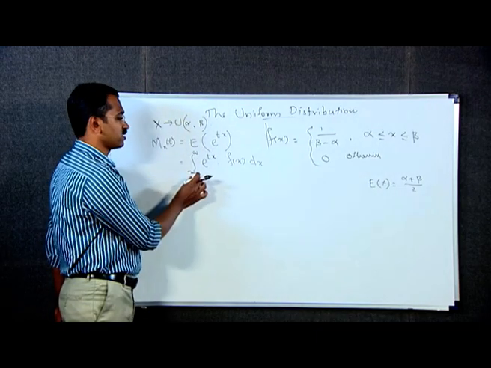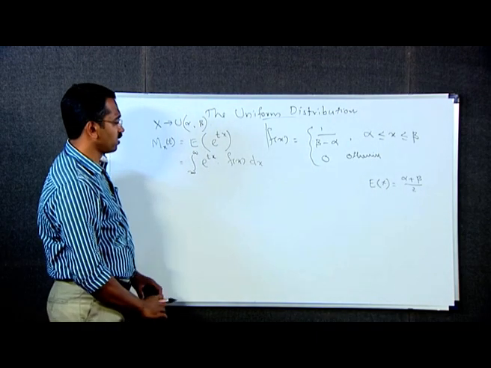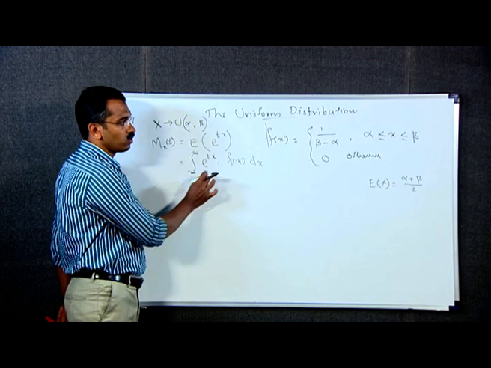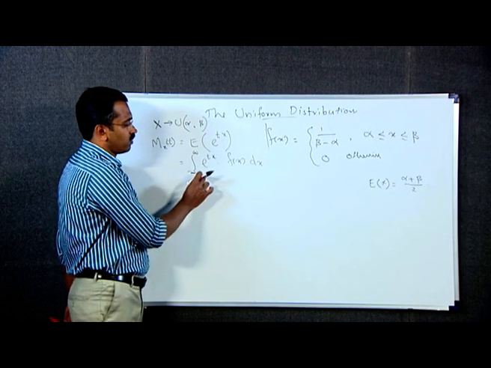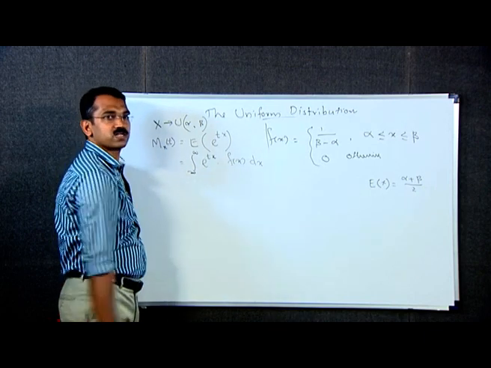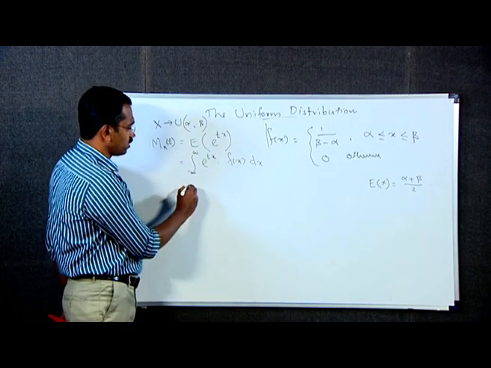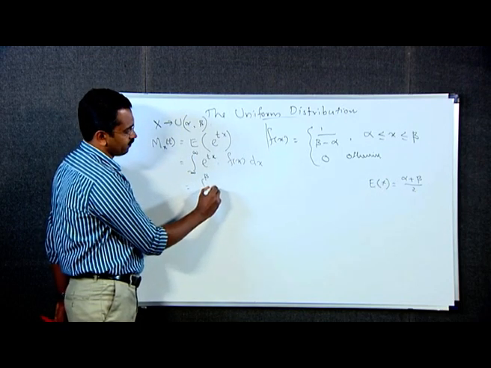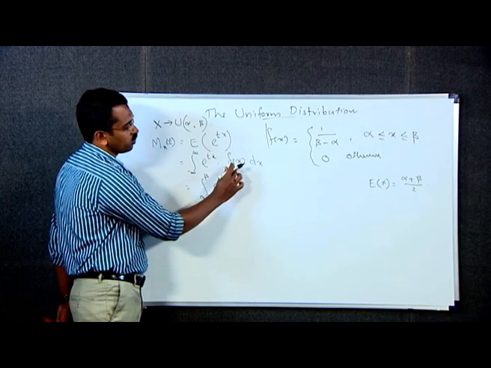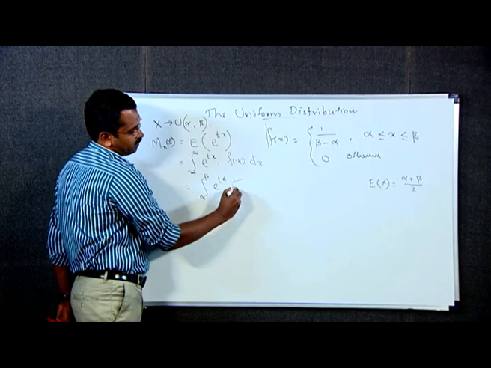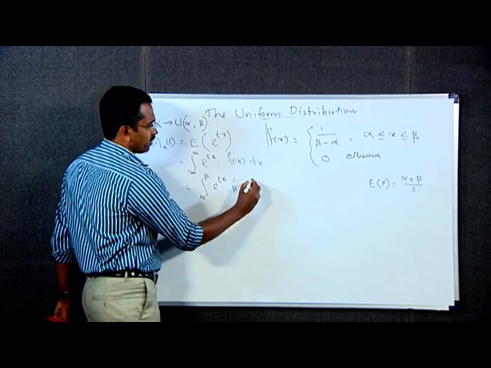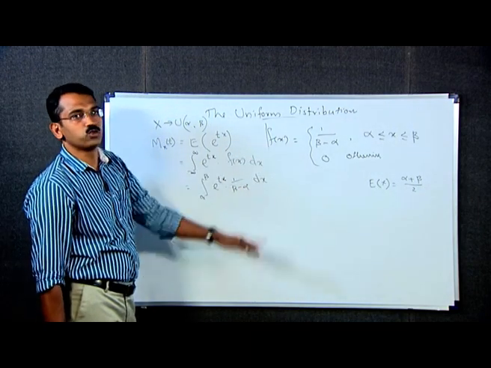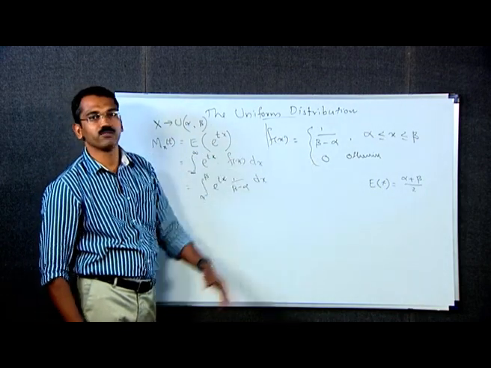Therefore, we can split this limit of integration into 3, in which the first one, that is the integral from minus infinity to alpha e raised to tx f of x dx, is 0, and the middle term, that is integral from alpha to beta e raised to tx into f of x, is, in this case, 1 by beta minus alpha dx, plus in the third case the limit is beta to infinity, in which case the function is defined as 0.